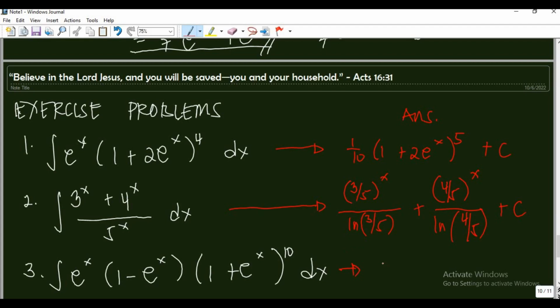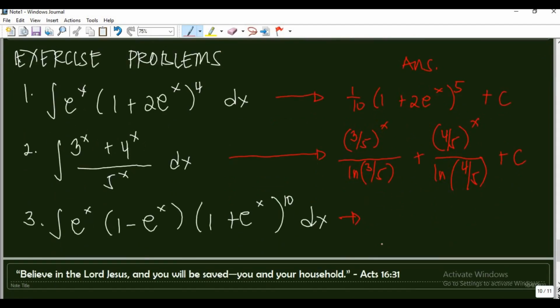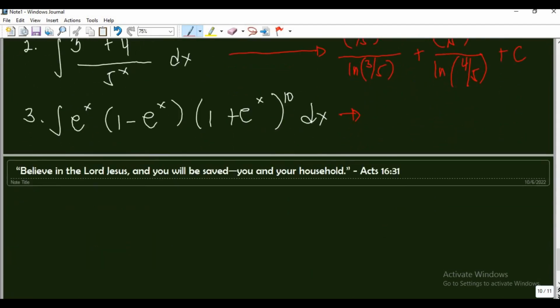For this last problem, my answer here is, medyo mahaba yung sagot ko dito sa number 3. My answer for number 3 is 2 over 11 of 1 plus e raised to x raised to 11 minus 1 plus e raised to x raised to 12 over 12 plus c.